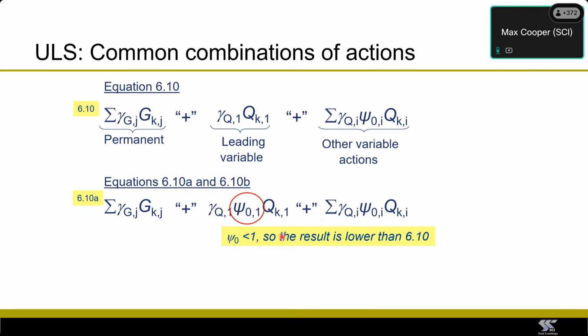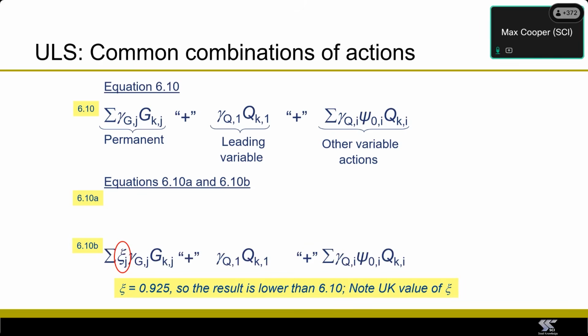So we're going to use the psi naught value, which was typically 0.7 for an office, it might be 0.5 for wind or snow, and only in the event of storage would it be 1. So if we compare these two equations, if psi naught is less than or equal to 1, the result is always going to be lower than 6.10.